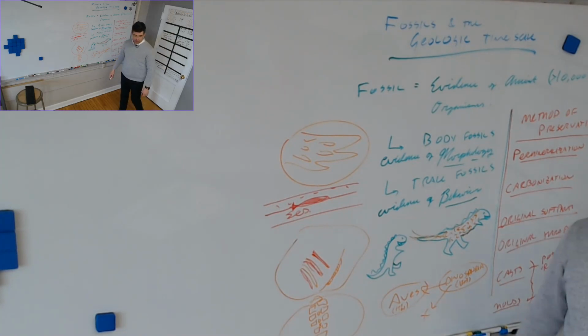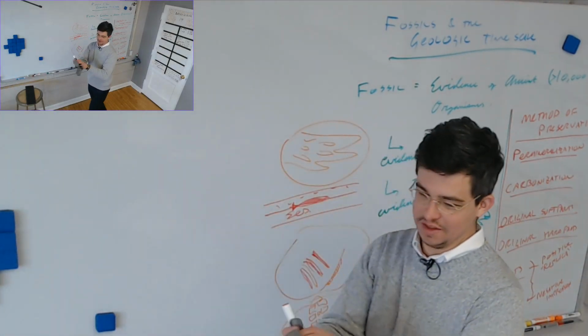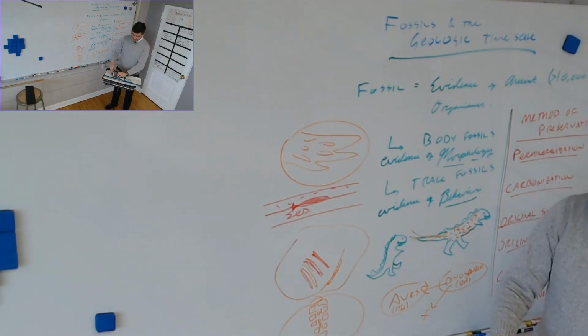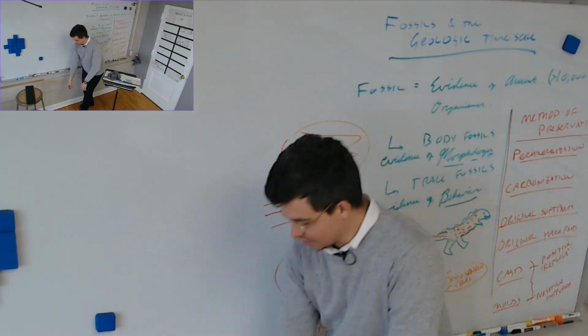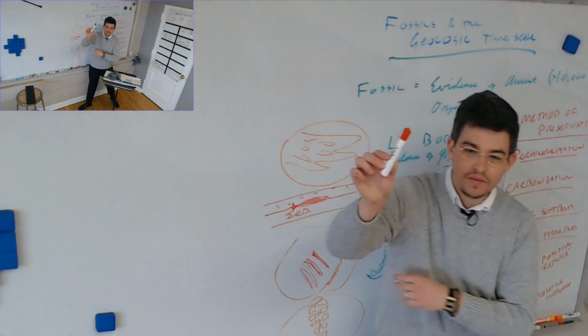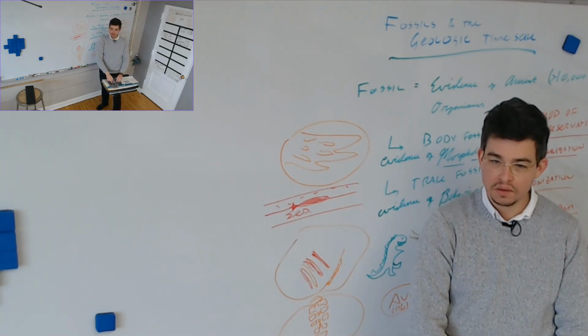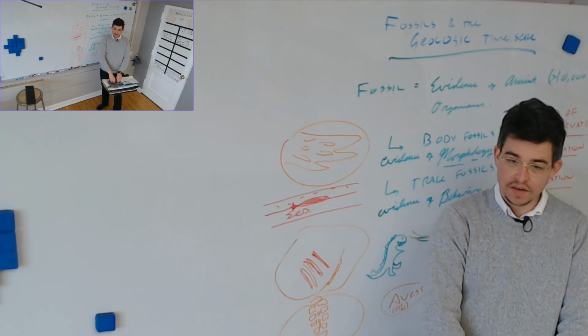I'll just use my resistance band. This is going to be the worst demonstration ever. This is some soft sediment, okay? Some nice soft sediment. This is a fossil, or this is a dead thing. It squishes into the soft sediment, and then it decomposes. Now there's the shape of a dead thing in the soft sediment.